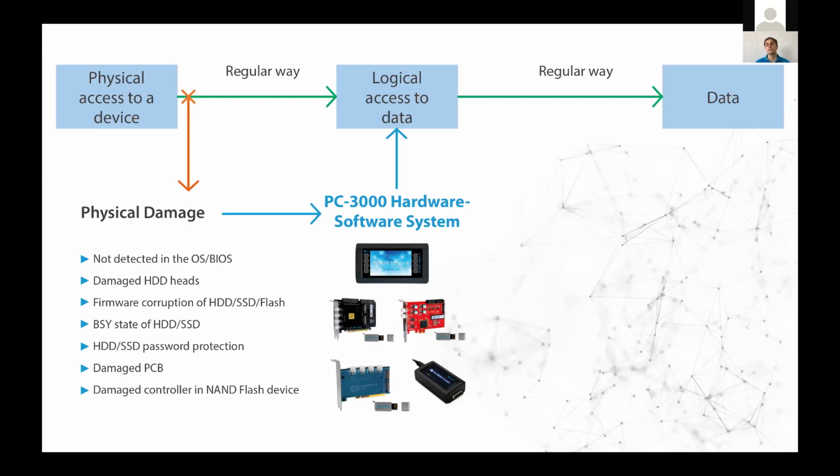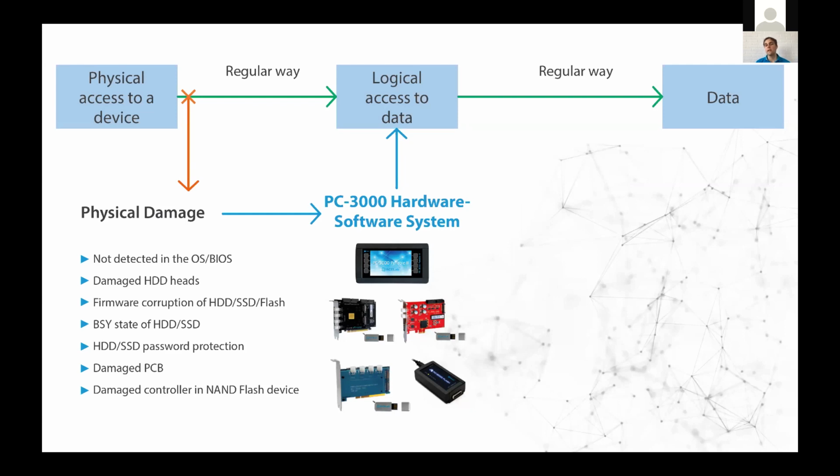And of course, our new tool, called PC3000 Portable, which we are going to speak about, and our very good, very stable tools, which have been on the market for several years, PC3000 Express, UDMA, and SAS, which also might help you recover data from physically damaged drives.